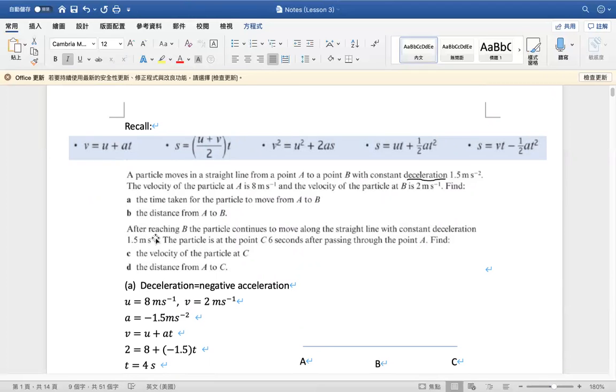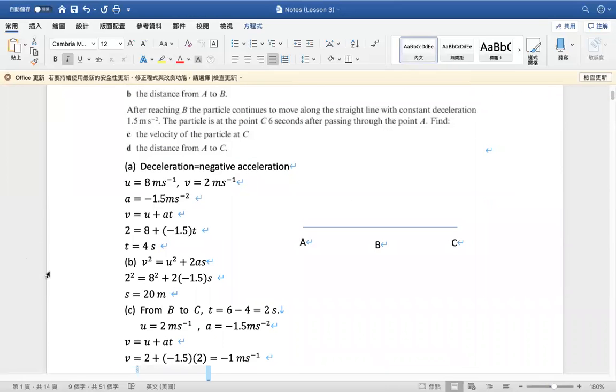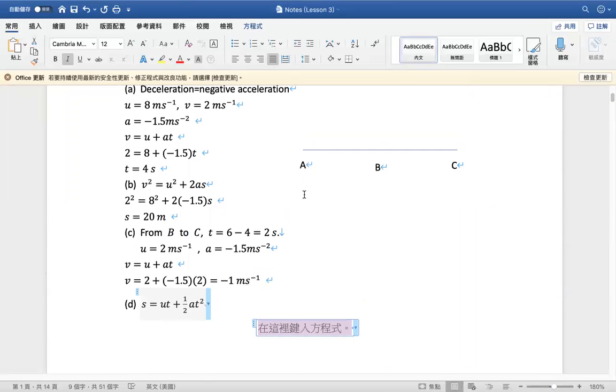Now, if we have another question, for example where this part is 1.5 and this part is 2.5, then you need to cut the journey into 2 parts, because the deceleration is different. You can't use the constant acceleration equation. Is that okay for you? Yeah. So this one we can consider the whole journey at once because it has a constant acceleration.